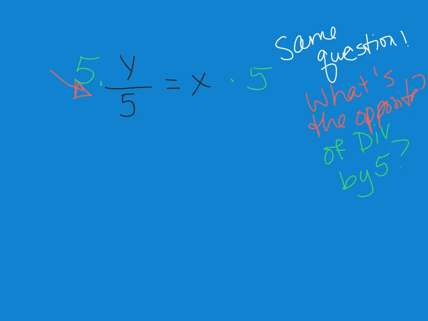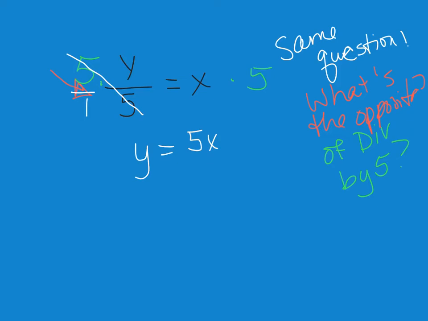Now, why did I write it like that? Well, this is just like seeing a fraction, 5 over 1, times y over 5. And I should know that those two 5's cancel, just like they did before. So on this side, I'm left with y equals x times 5. Well, we don't know what x is, so technically it's the same. But remember, the proper way to write that is always the number first, followed by the variable.